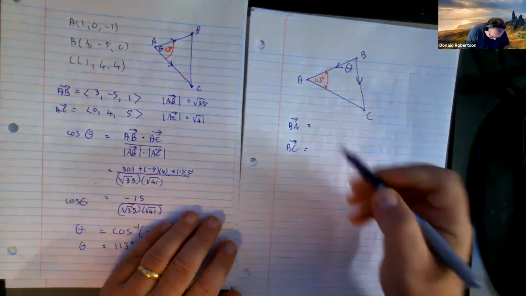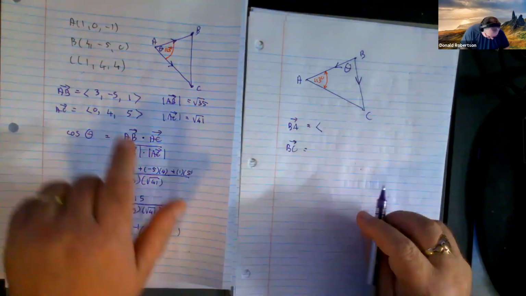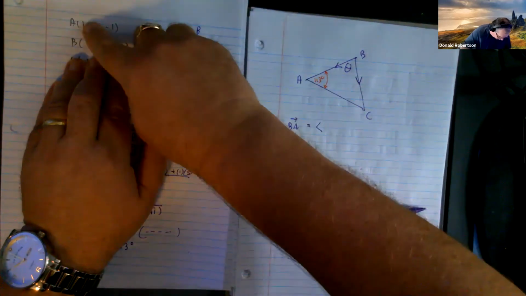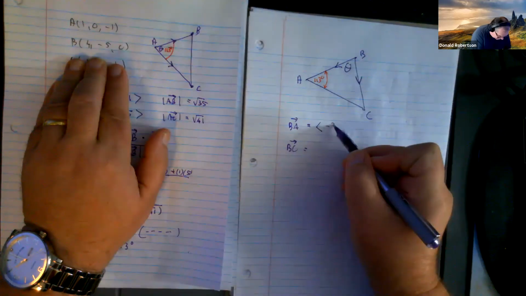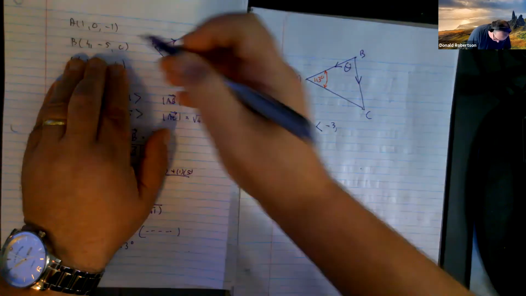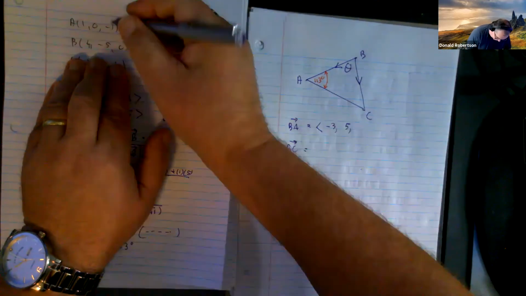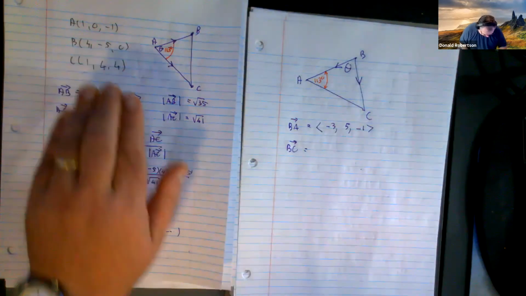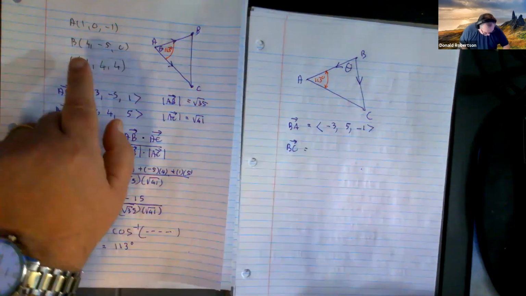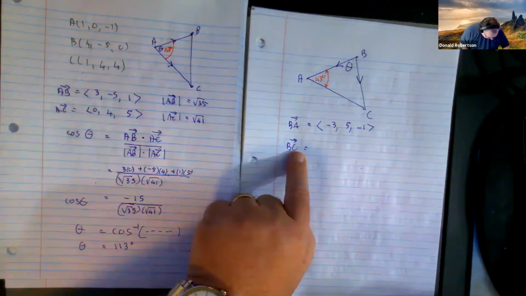Now, if you want to do BA, which is the one I'm going to look at, notice A is second, so I go second, take away first. So it's going to be 1, take away 4. 0, take away -5. -1, take away 0. Now, if I want to do BC, this guy is the second.